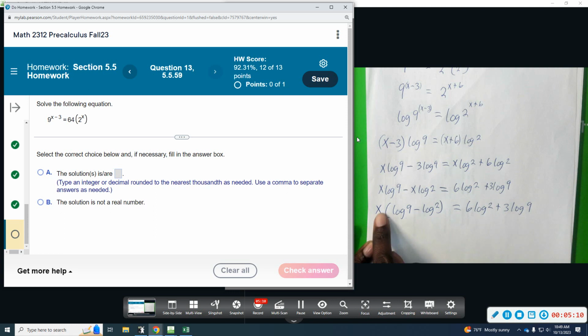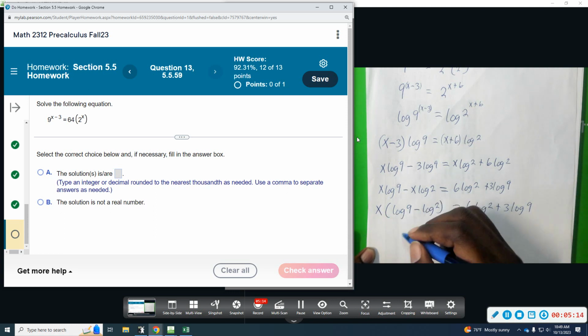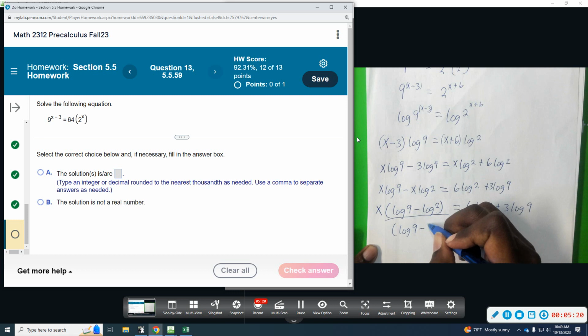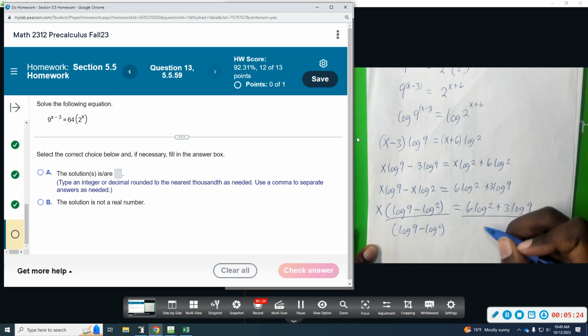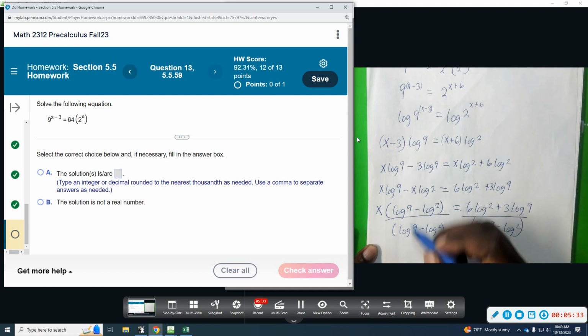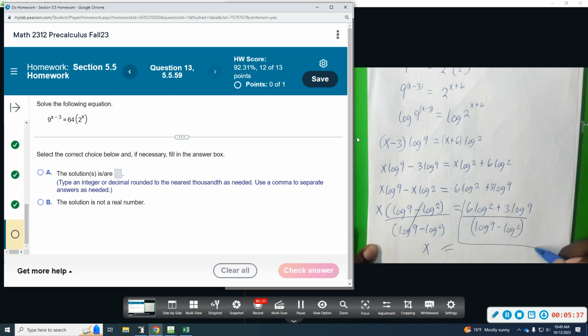So the last thing, to get x by itself, I need to divide both sides by log 9 minus log 2. In doing so, that will give me my final answer. So x is equal to this.